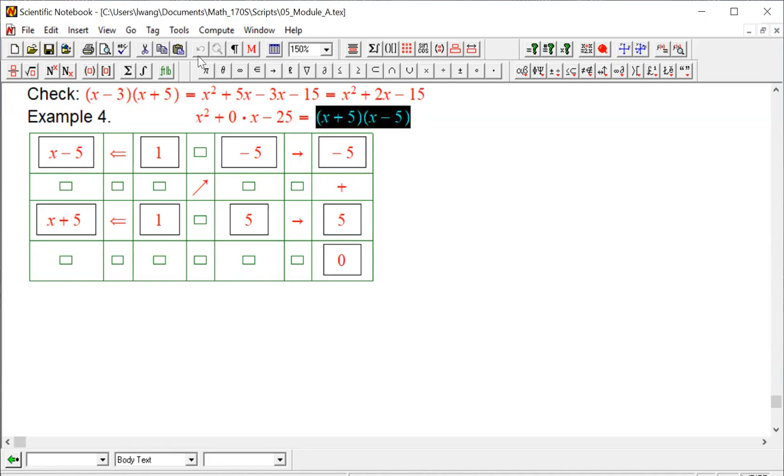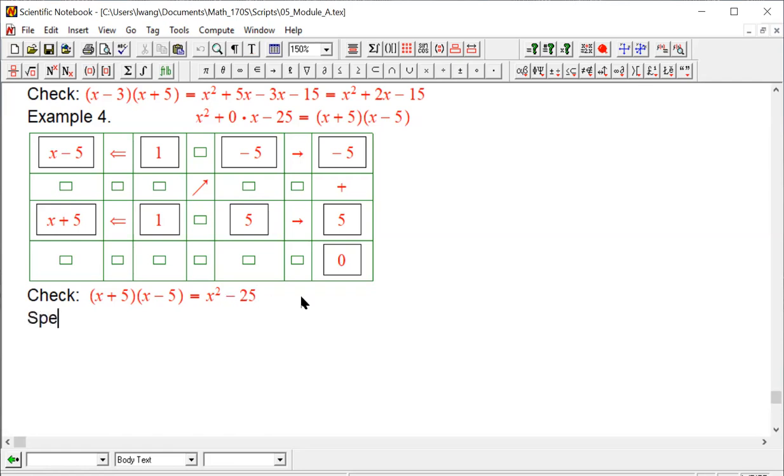I'm going to talk about that special formula after we check this work. Okay, so if you check your work, you're certainly going to get x squared minus 25. Good.